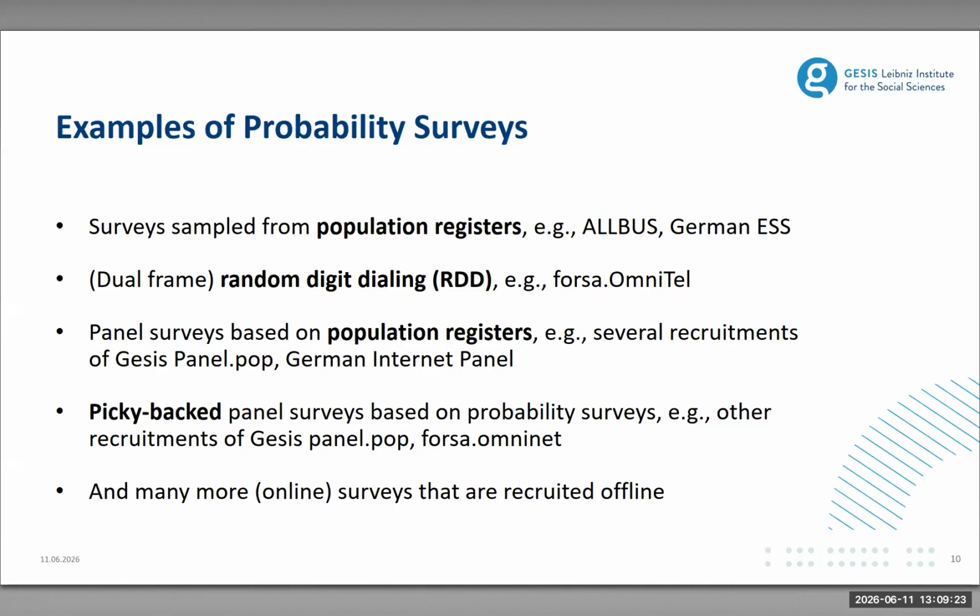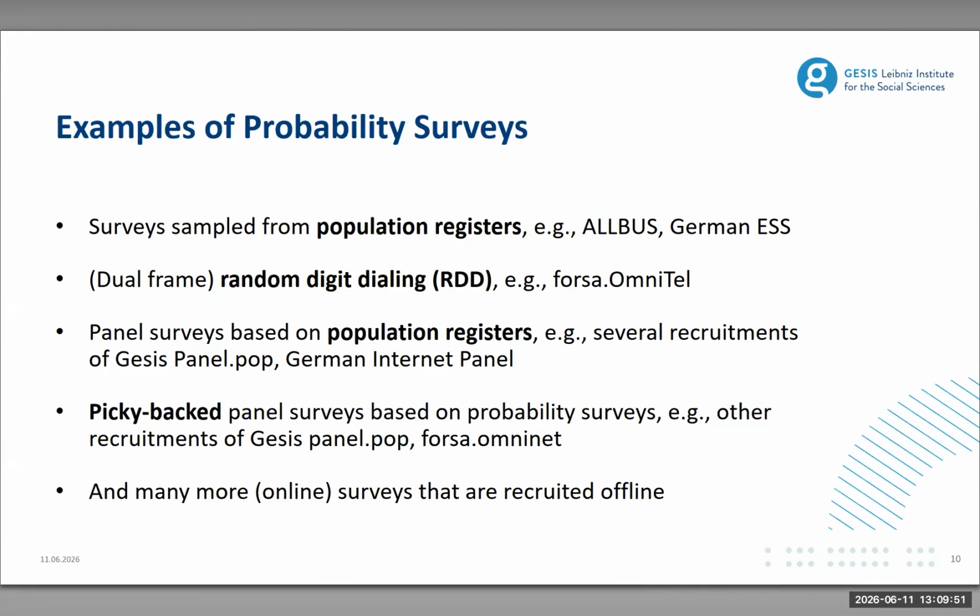Another way of getting a probability panel survey would be to piggyback on surveys that have been conducted cross-sectionally, like at the end of the ALLBUS, for example, asking respondents if they would like to participate in the GESIS Panel.Pop. Or the Forza OmniNet panel works in a similar way. People from the random digital dialing based Omnitel survey would be asked to participate in the Forza OmniNet panel.